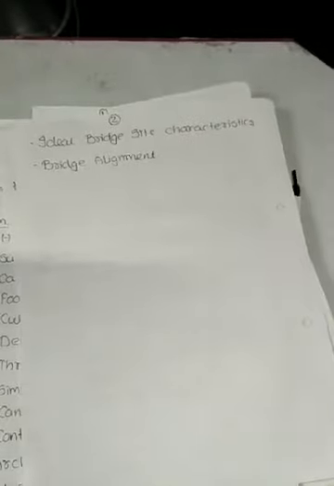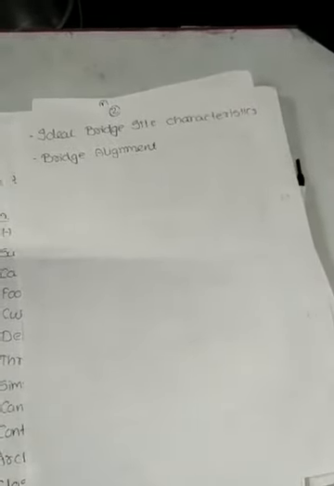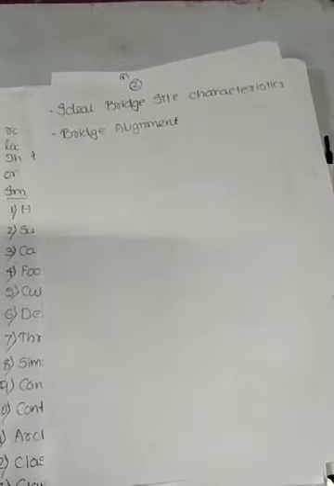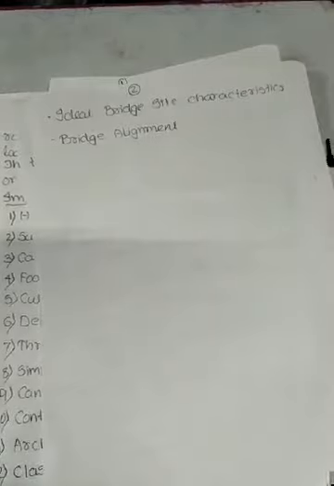Next, there should be no adverse environmental impact. Next, bridge alignment. Depending upon the angle which the bridge makes with the axis of the river, the alignment can be of two types: square alignment and skew alignment.